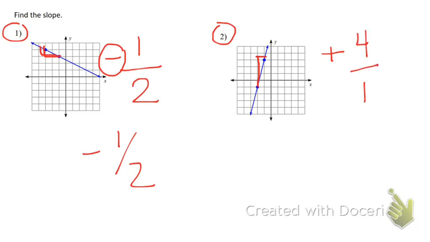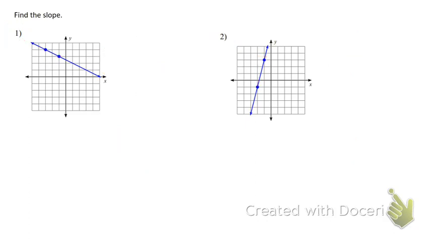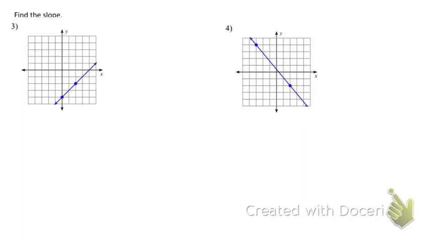Simplify that fraction. 4 over 1 is the same as just 4. So my slope is 4. You can use m to denote slope. Now let me erase all of that so that you can see it better, because I may have messed it up. So you're counting the squares from point to point. Rise over run. Okay, number 3.